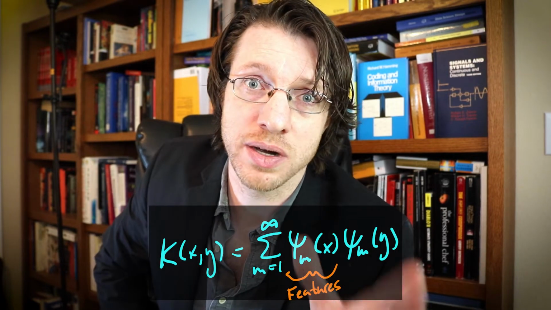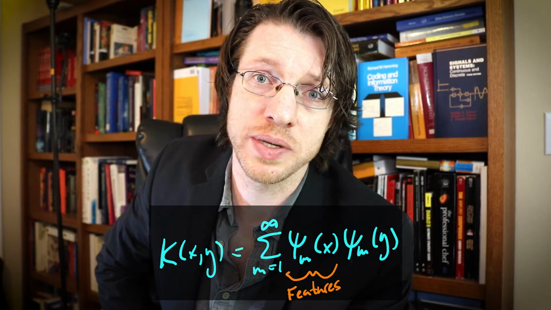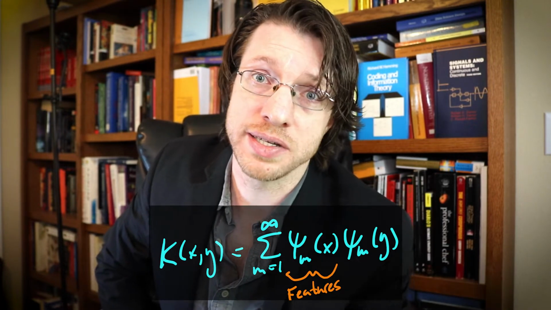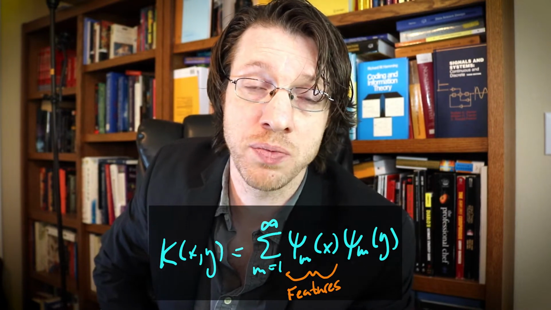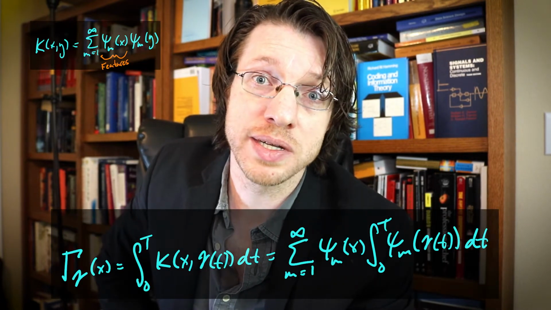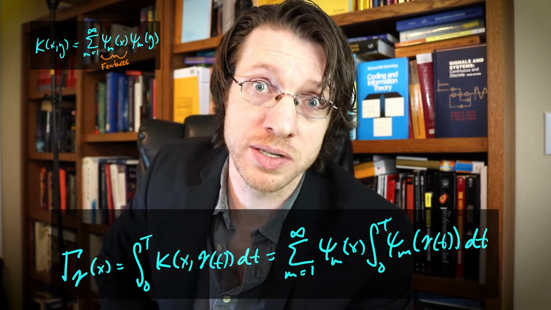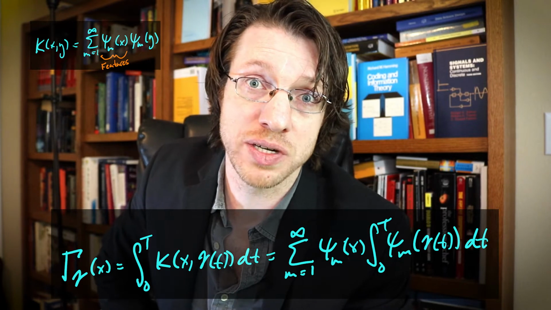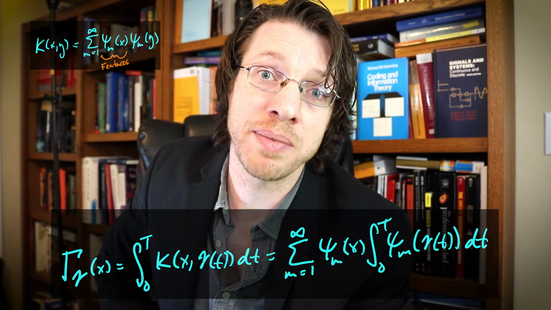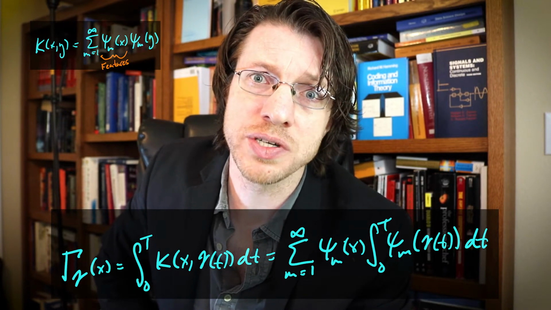If we go ahead and express our kernel function in terms of the features, we can actually take a different look at the adjoint of these Liouville operators on these occupation kernels. So to start with, remember that these occupation kernels can be written as an integral from 0 to t of k of x comma gamma of t dt. So it can be written in terms of our kernel functions. And so then if we expand the kernel function in terms of the features on the inside, that means that we can move the integral inside with a little bit of dominated convergence theorem.